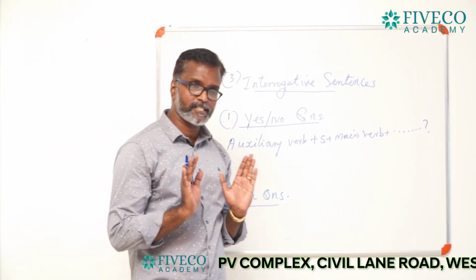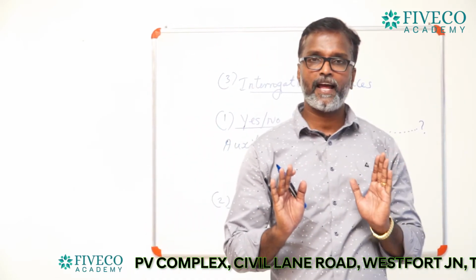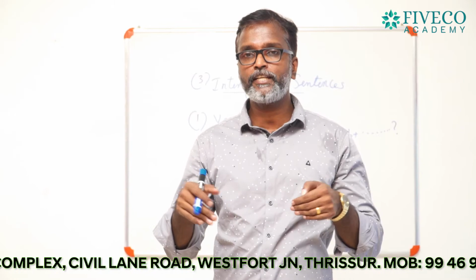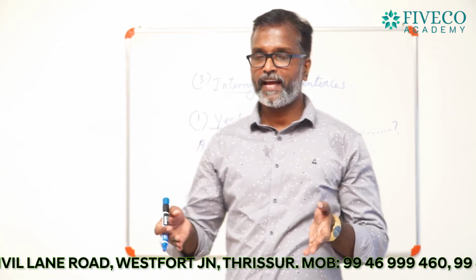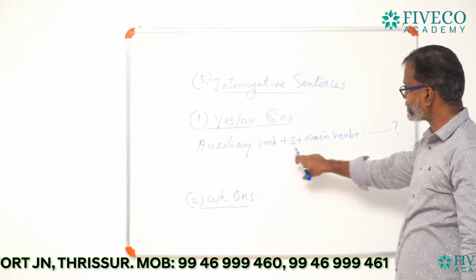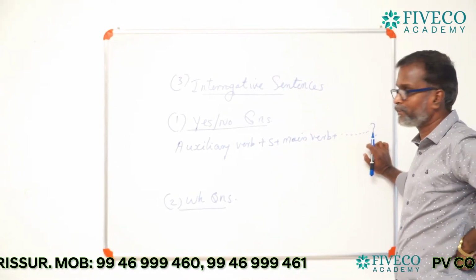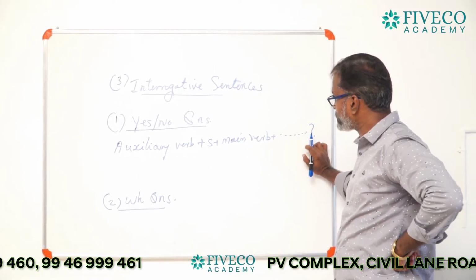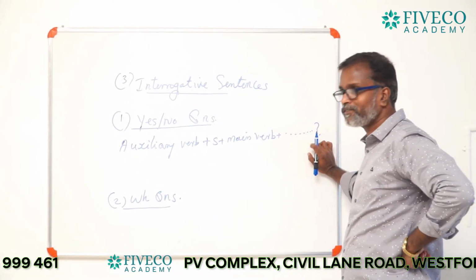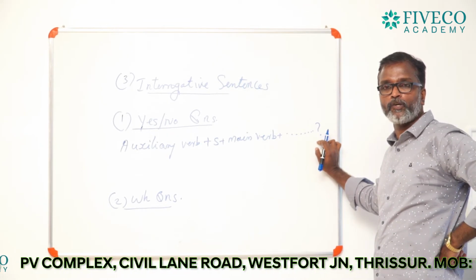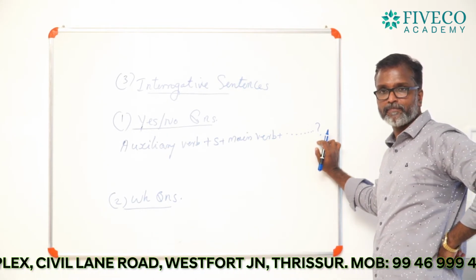Actually you don't need to study the formula, and you will learn everything. You can do it yourself. And if you don't want to make any mistake further, I just told you about this formula. Auxiliary verb plus subject plus main verb plus the remaining portion of the sentence, and finally you put a question mark.